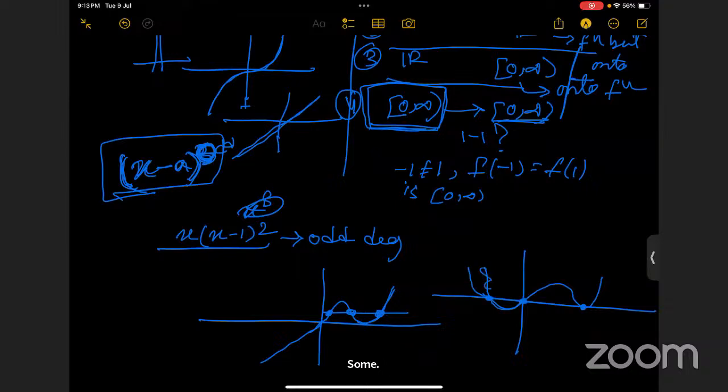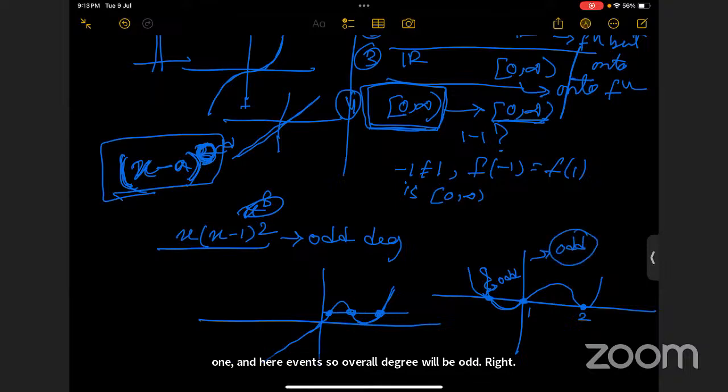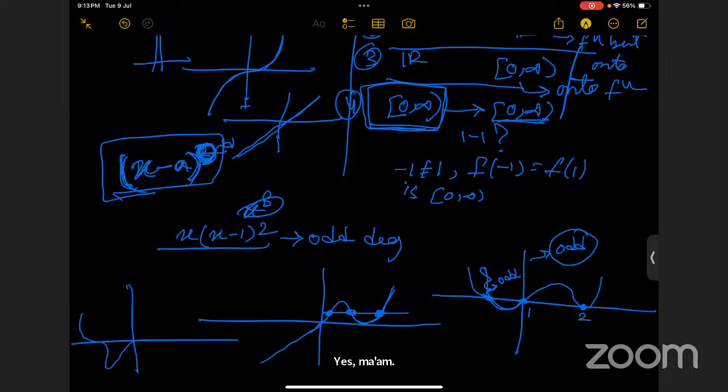Then for this we'll have some odd degree here and even here. So the overall degree will be odd, right? Overall it will be even, because it's a parabolic path.